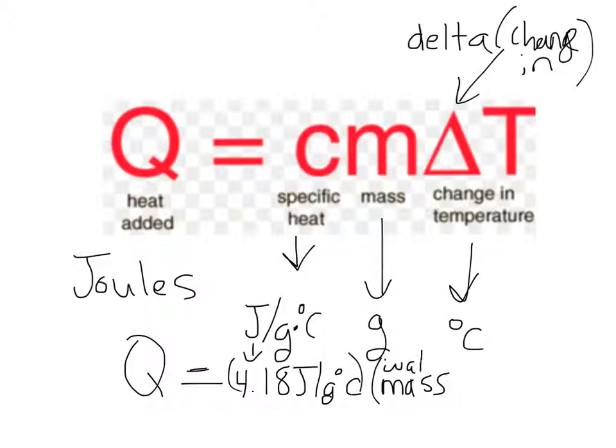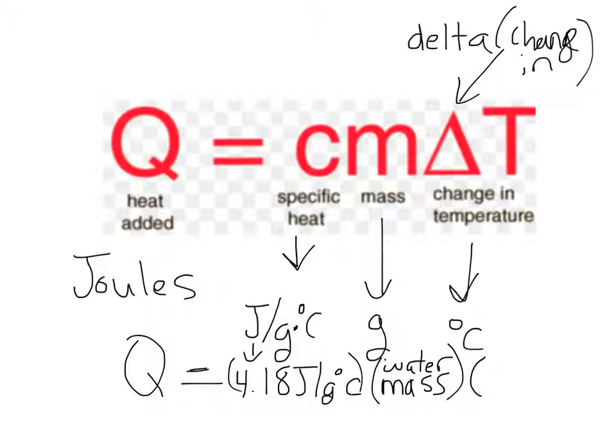That's the water in the cup, right? That's the mass of the water, the tap water in your cup. You're going to multiply by that. And then you're going to multiply by the change in temperature that water went through. So in order to figure that out, you've got to get your starting temperature of the water and the ending temperature of the water.